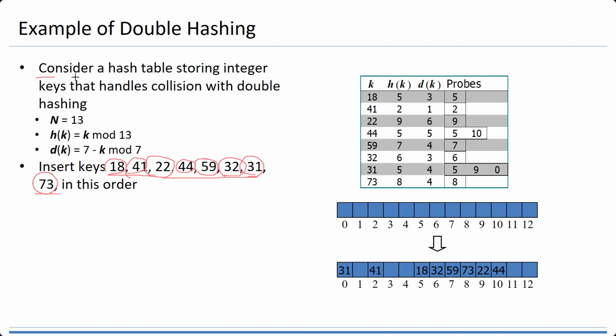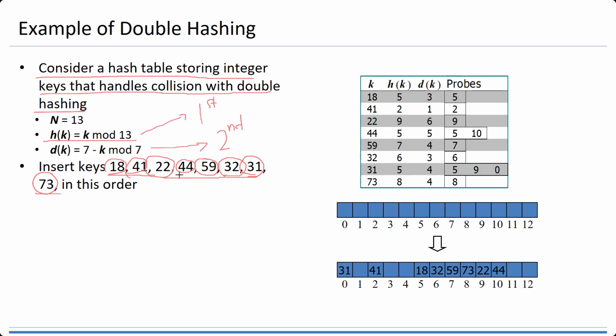The problem: consider a hash table storing integer keys that handles collision with double hashing. What is double hashing? We have two hash functions: this is the first hash function, and this is the second hash function.